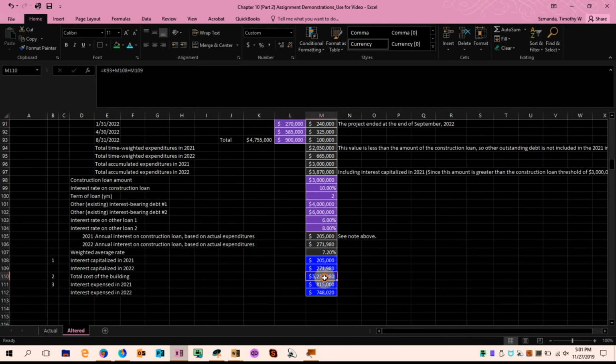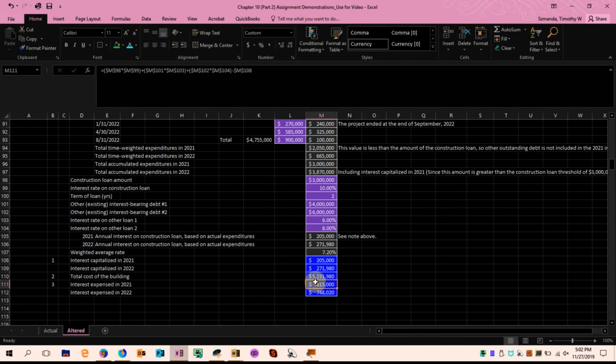And to that, we're going to add in the amount of the capitalized interest in 2021 and in 2022. So it's going to be $4,755,000 plus $205,000 plus $271,980, and that will give us our total of $5,231,980.